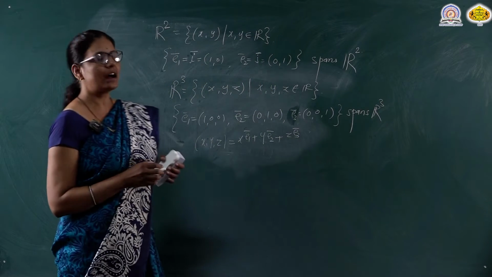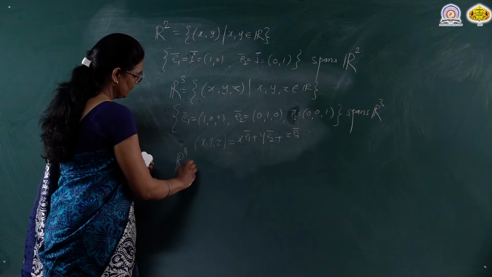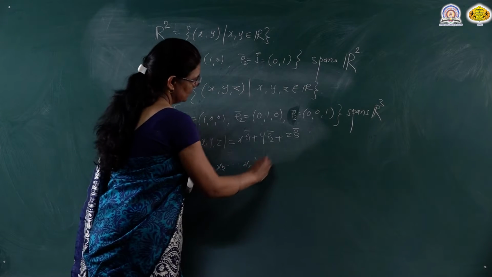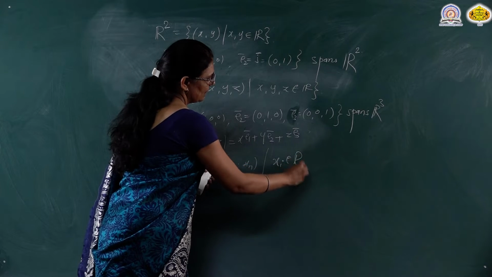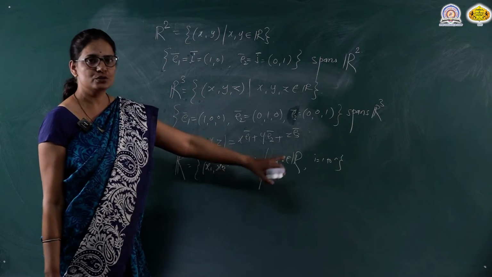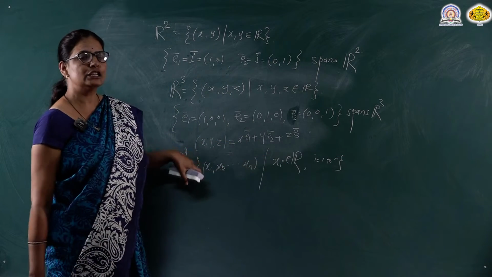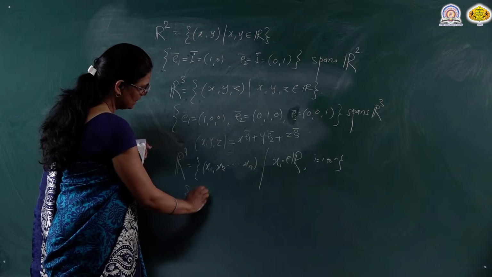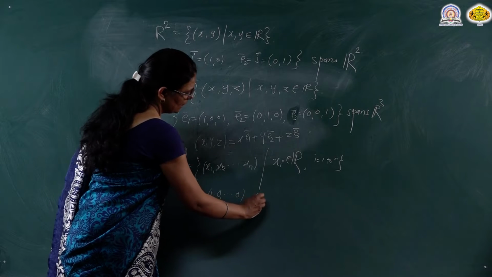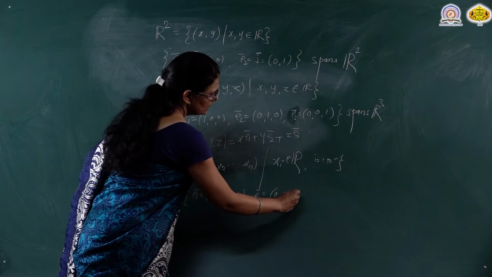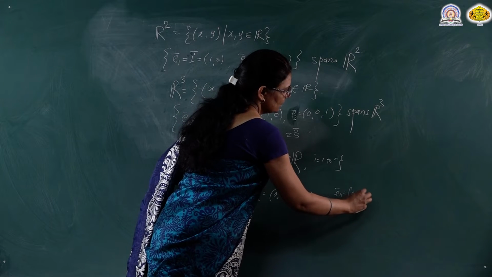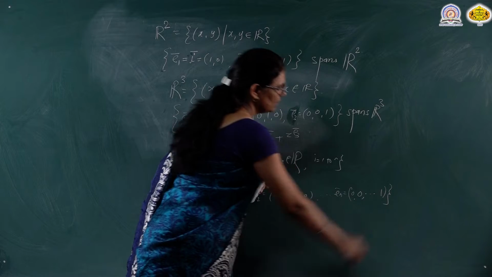So similarly, if we consider R raised to n, R raised to n is nothing but the set of n tuples where each xi belongs to R. Then if we consider the set of unit standard vectors, that is E1 bar, which is 1, 0, 0, E2 bar 0, 1, 0 and so on, and last is En bar 0, 0, last term is 1.